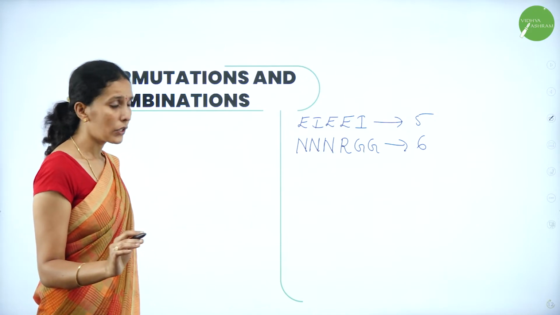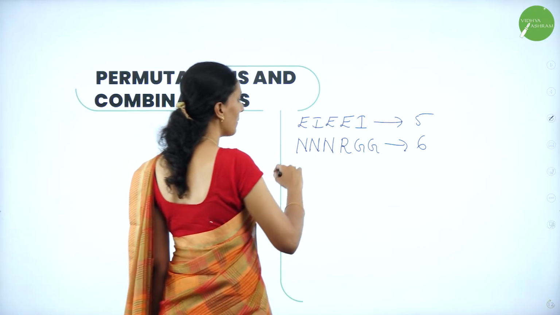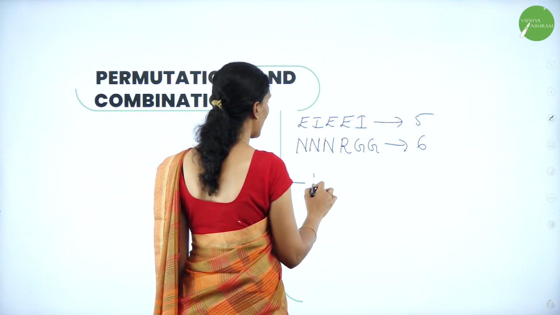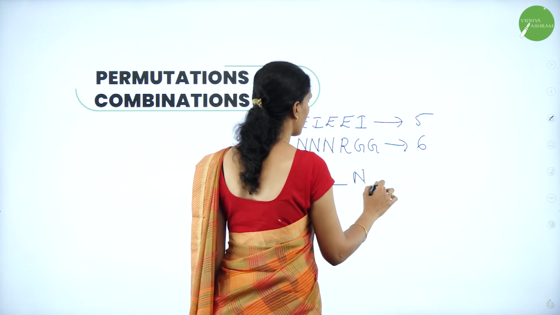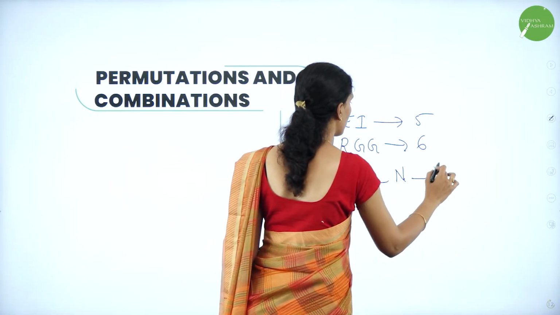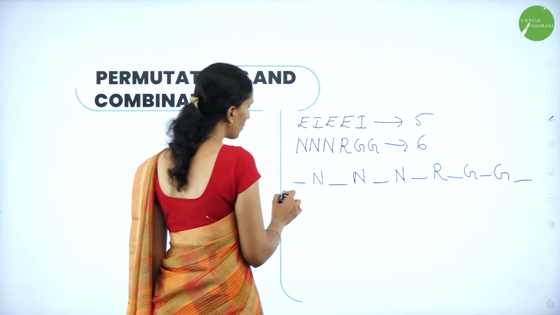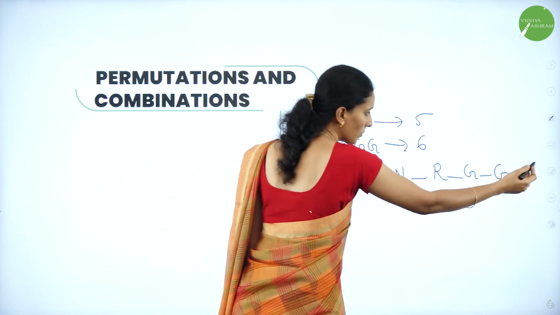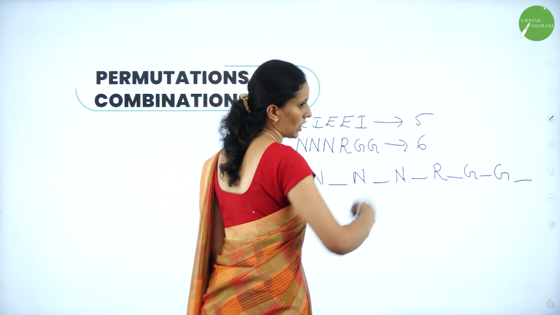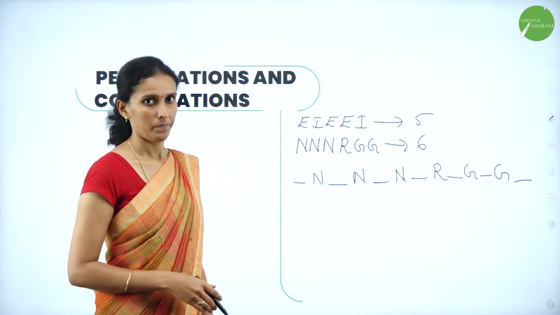Vowels cannot occur together means we have to place them in between them. So like this. So either from the first we can start or from the last, or in between the gaps we can fill. Okay.